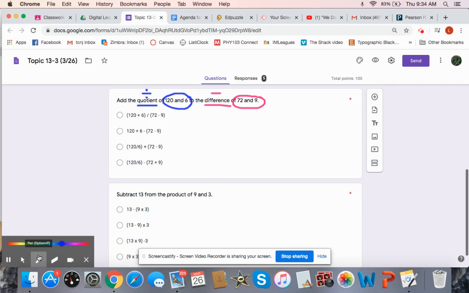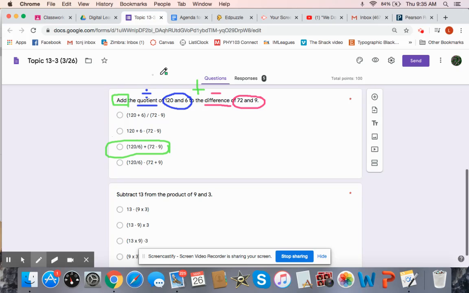And then the very last step is that you're going to add this plus this. So the quotient of 120 and 6, or 120 divided by 6, plus 72 minus 9. And the only one that fits that description is right here.